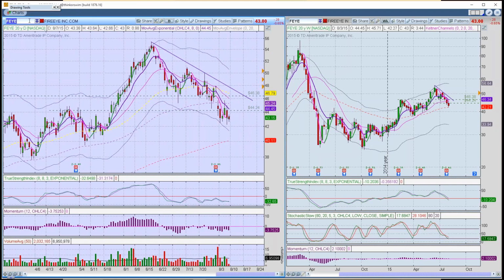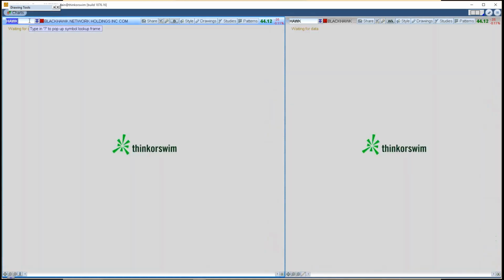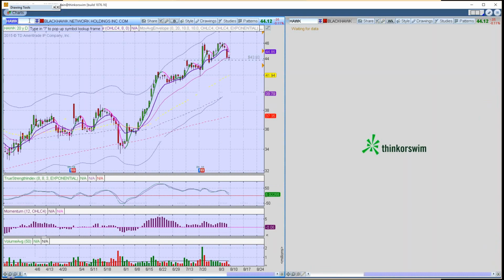The one we got stopped out of today, Blackhawk, as you can see, it came down and just nibbled.